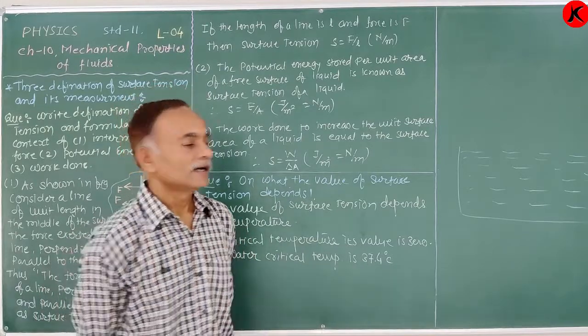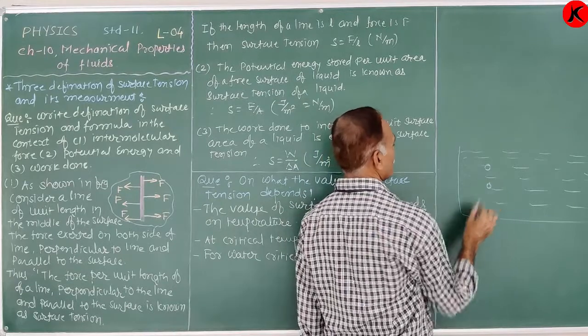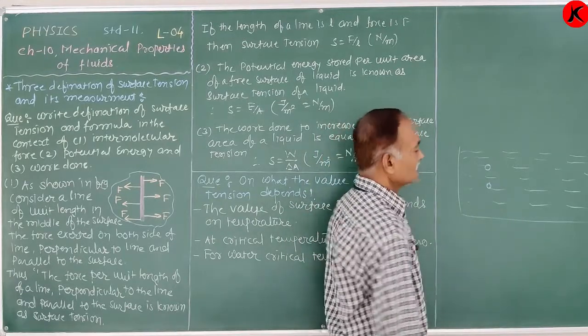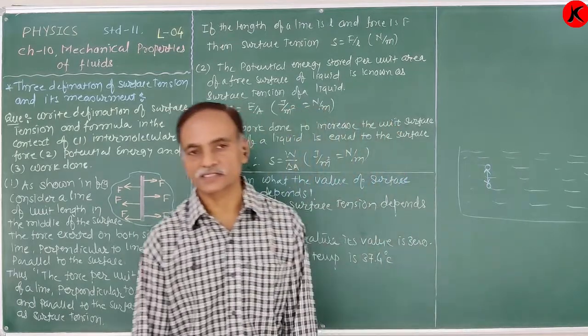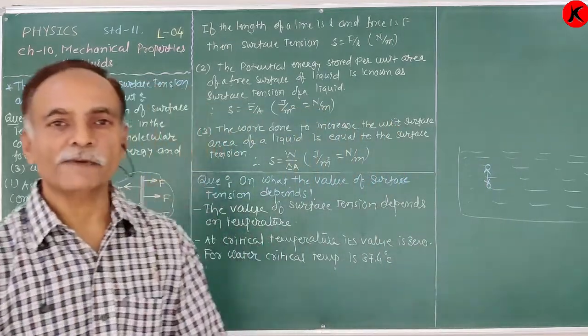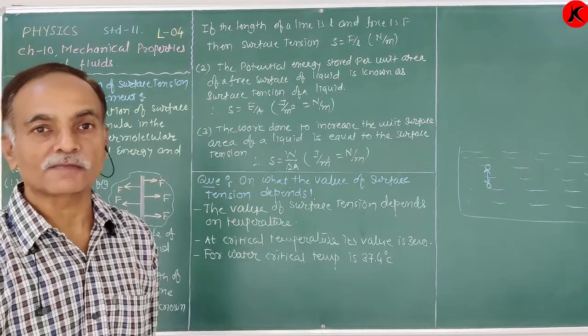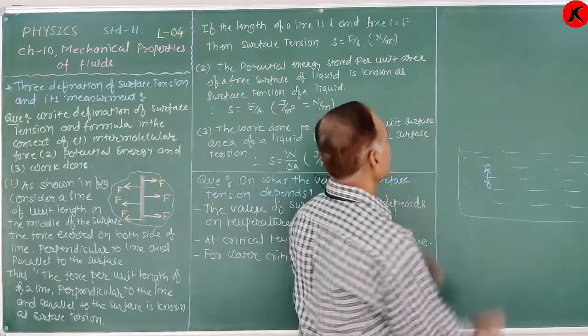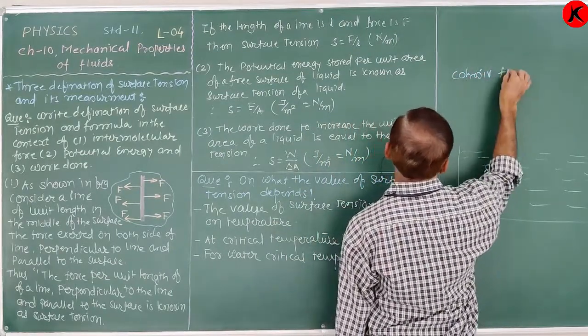Here the force of attraction is exerted between the molecules of a fluid. This type of force of attraction is known as the cohesive force. That means the force of attraction between the molecules of the same material is known as the cohesive force.